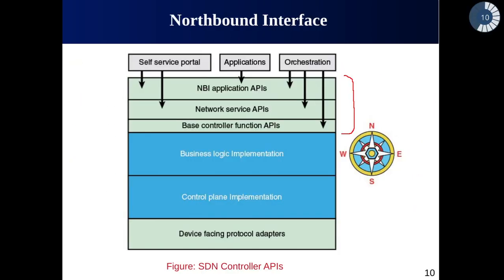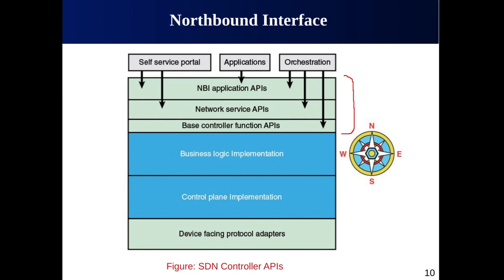For us, the important point to understand is these three APIs: the base controller, network service, and NBI application APIs. These are clear from their nomenclature. Like the base controller function API, it exposes the basic functions of the controller, as it is close to the controller.